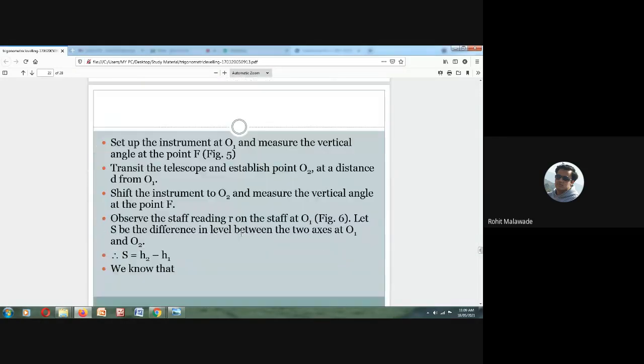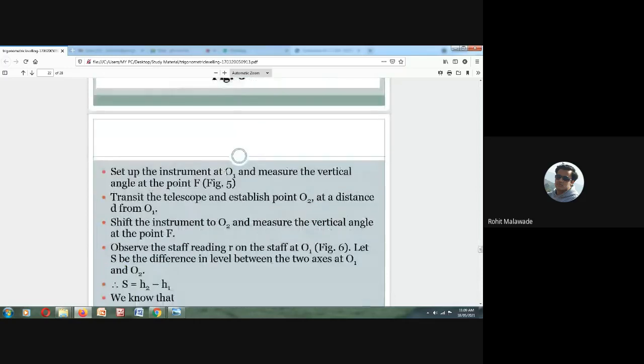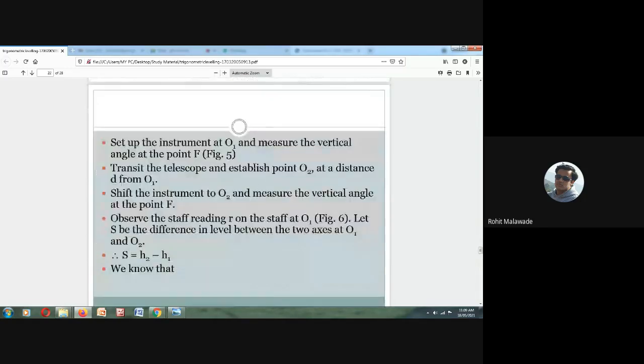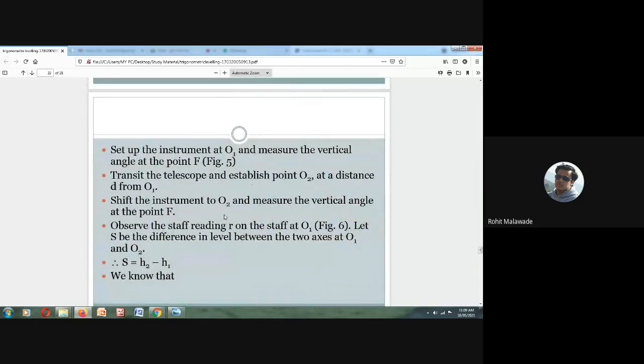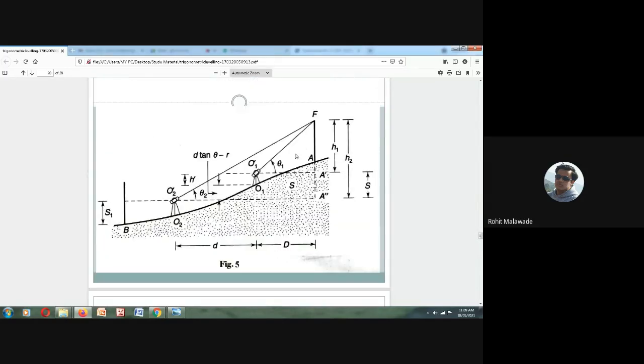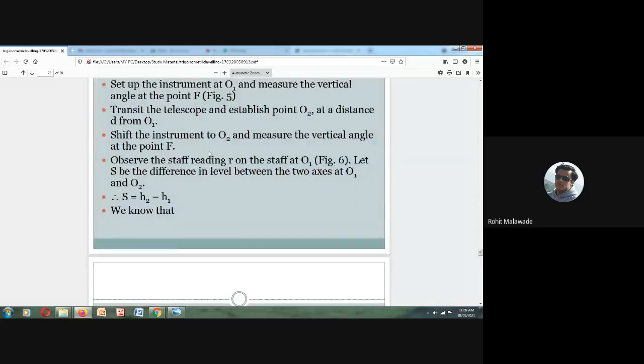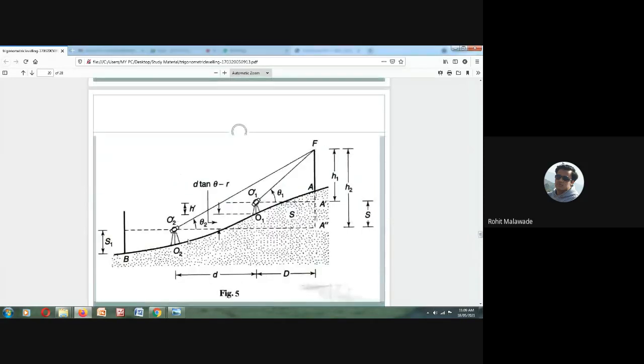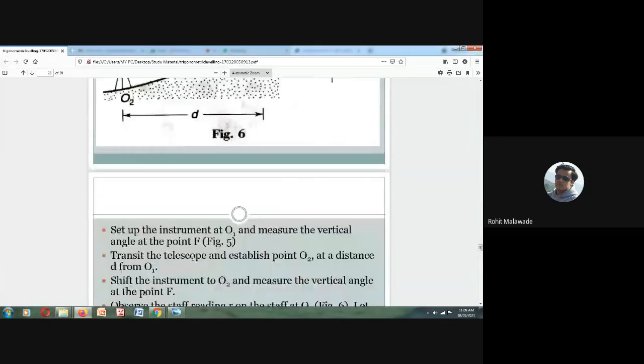Now set the instrument at O1. Then measure the vertical angle at F, that is theta 1, and note it down. Transit the telescope and establish the point O2.